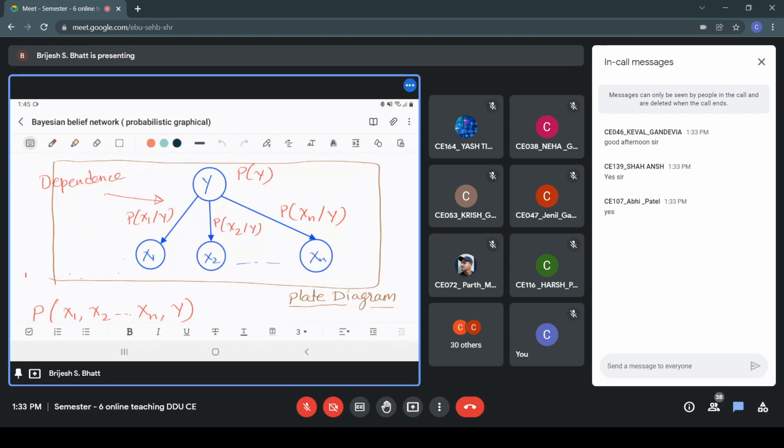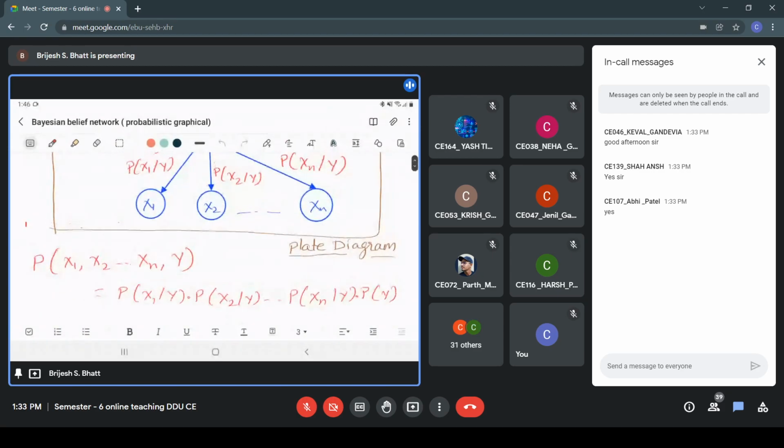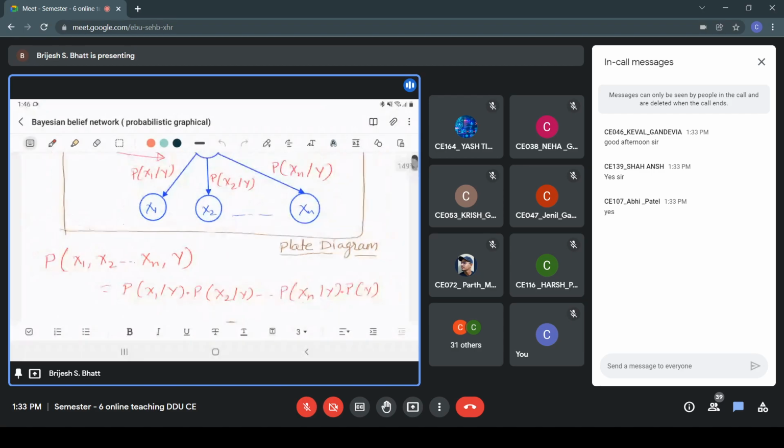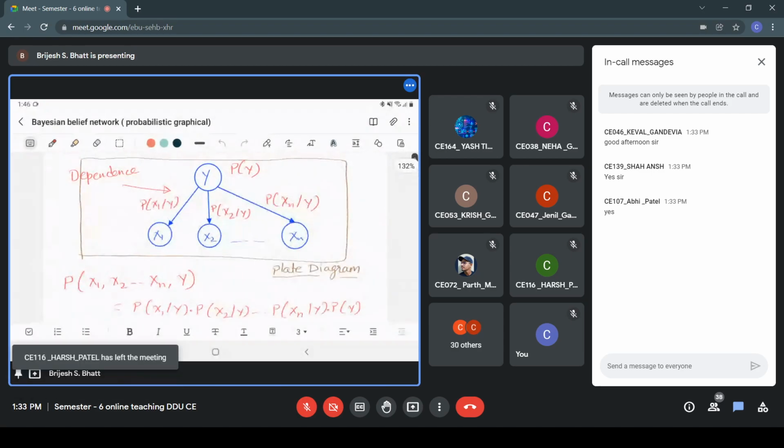Similarly, an arrow from y to x2 shows that x2 is dependent on y. Okay? So this is what we have been doing in naive Bayes. We didn't draw a graph formally, but if you see the joint probability calculation of naive Bayes, it can be done by this formula.